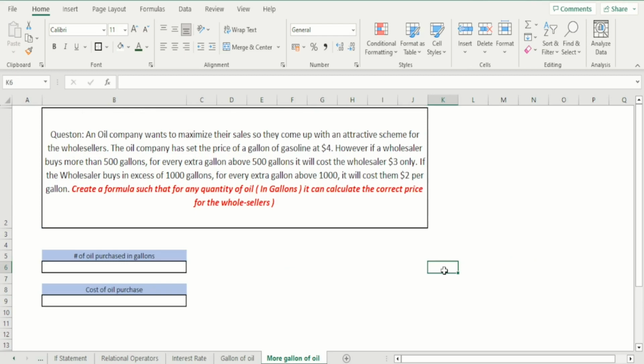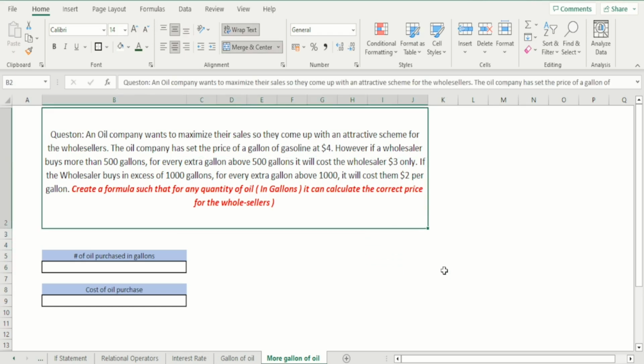We have alluded to this in a previous video, where we said that you can chain or nest functions together, where the output of one function becomes the input of another, or you use the same function inside itself in a certain way. So let's see what a nested if is and how it can be useful for us.